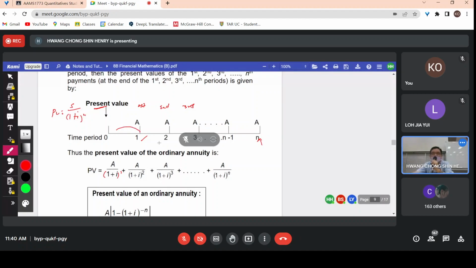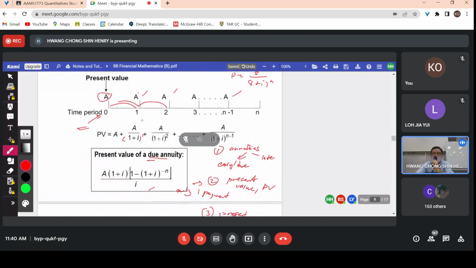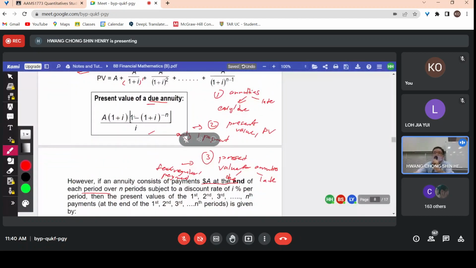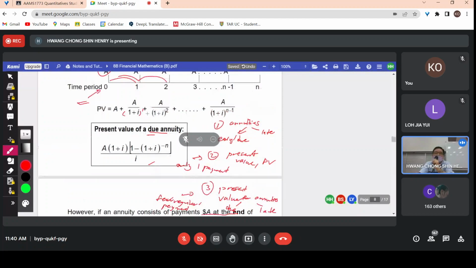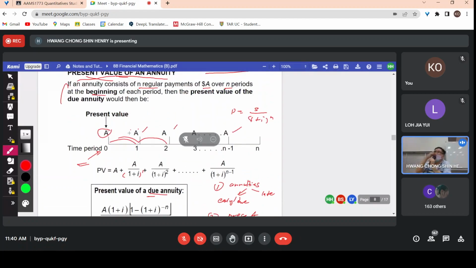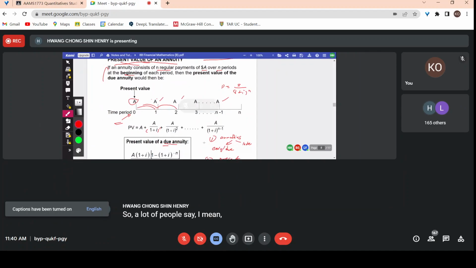Just now what did we do? The first one is A, right? Remember, why A? Because your 1 plus I is power of 0. Your n starts from 0 here. Can you see the difference there? That's why I asked you to draw the line chart, but many of you don't want to draw the line chart. So a lot of people say, stubborn. Stubborn.